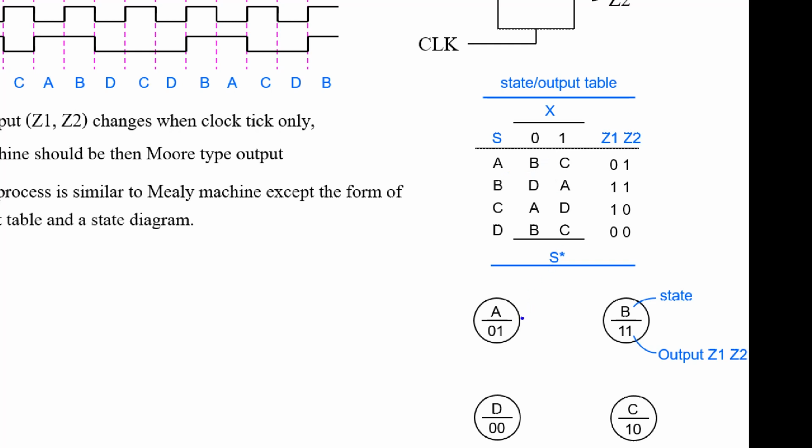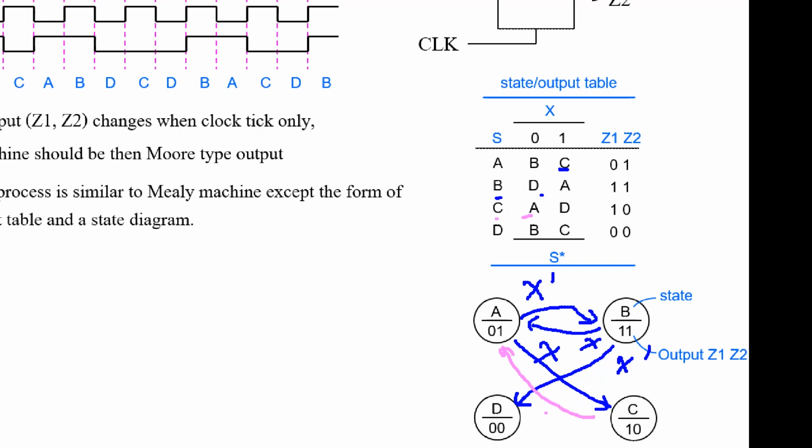A to B when x is 0, x prime. A to C when x is 1. B to D when x is 0, x prime. B to A when x is 1. C to A when x is 0, x prime.